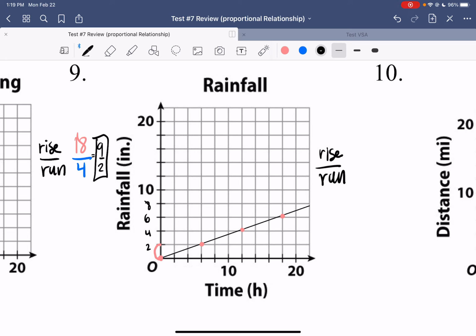So it's actually a rise of 2 and a run of 1, 2, 3, but we need to check the interval again. So 2, 4, 6, 8. So we're actually going over not 3, but 6. So it's 2, 4, 6. And then we simplify that to 1 over 3.